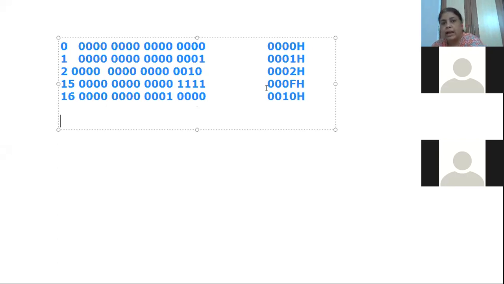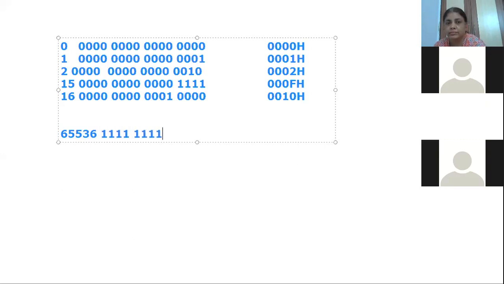Understood. Now the last location, 65536. When you convert this into decimal, what will it come to? It will come 16 times 1s. Convert and see. 65,535, sorry, since we are starting from 0.